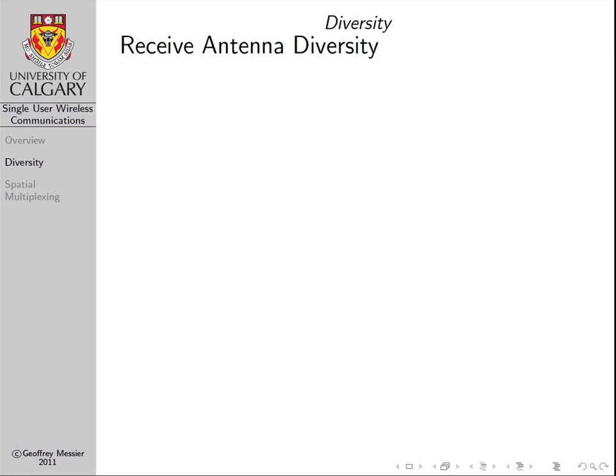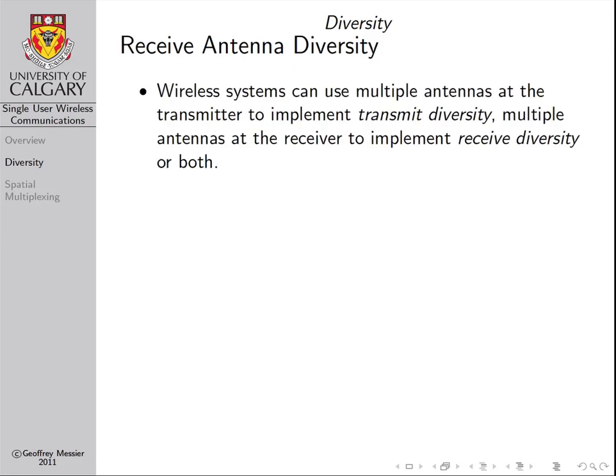It is possible at the transmitter, and I'll talk about how that's done. It's essentially an introduction or a look into the area of space-time codes. However, it's easiest to introduce the concept using receive antenna diversity first.